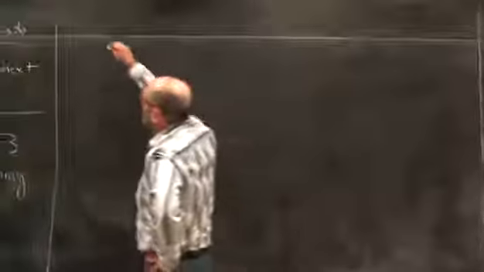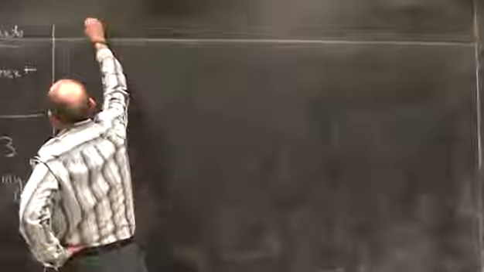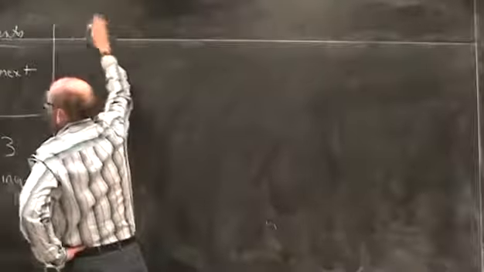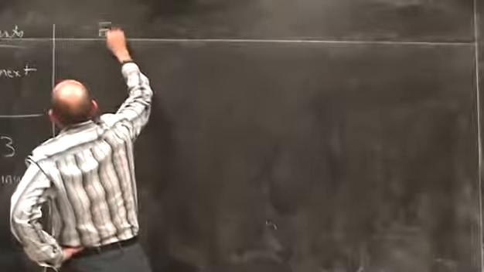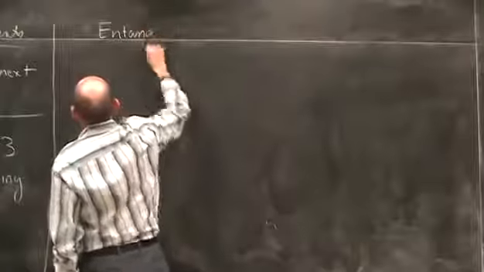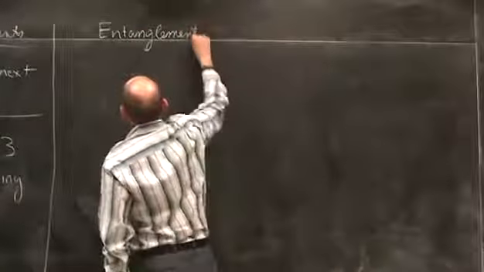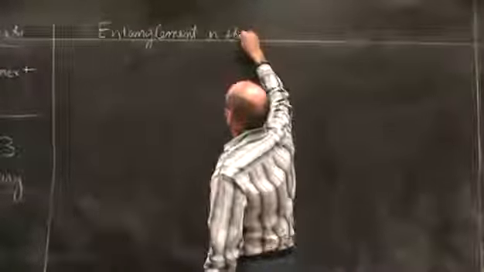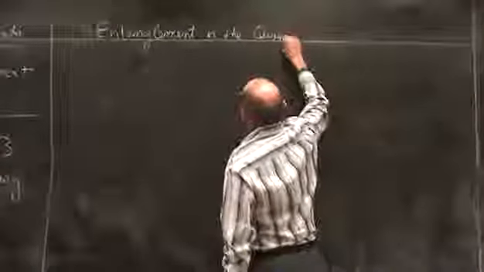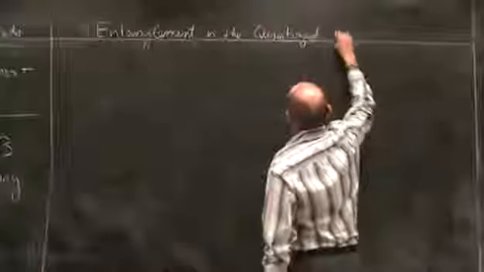What I want to talk about today, and we'll talk about in the next few lectures, is the realization of entanglement in quantum optics. And in particular, what I'm interested in discussing is entanglement in the quantized electromagnetic field.